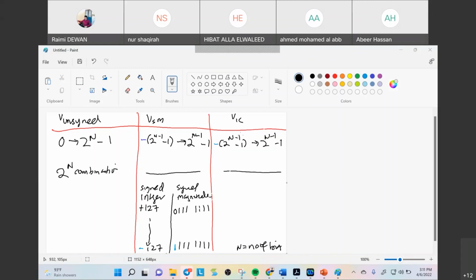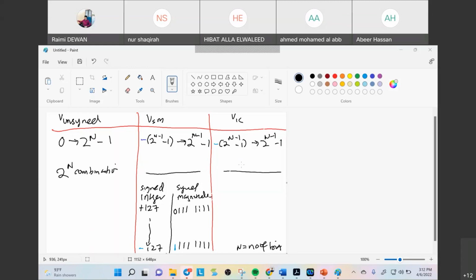Okay, it's actually the same. The range is the same because it's just a representation. You use sign magnitude to represent negative numbers in this way, and ones complement you represent the negative value in this way. It's just different ways, but the range is the same for these two.